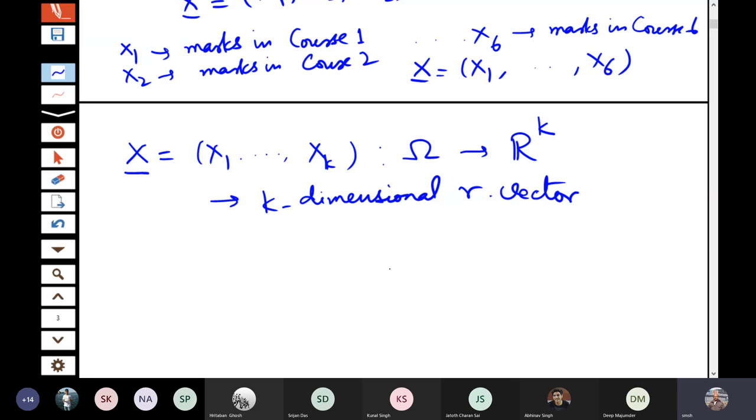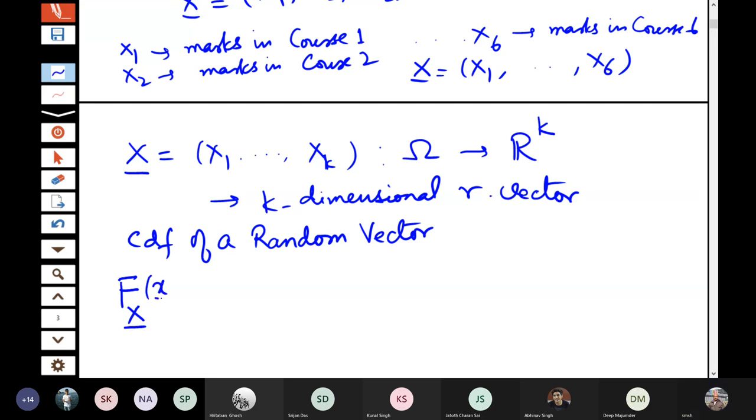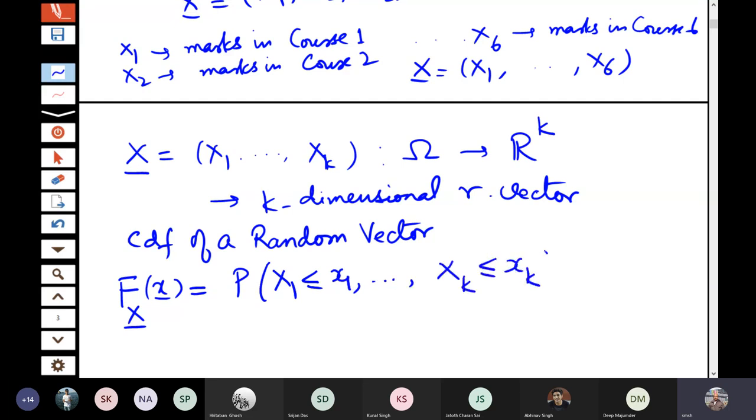So firstly, let us take up the cumulative distribution function, the CDF of a random vector. You can consider F of x, that is the probability of X1 less than or equal to x1 and so on, Xk less than or equal to xk.